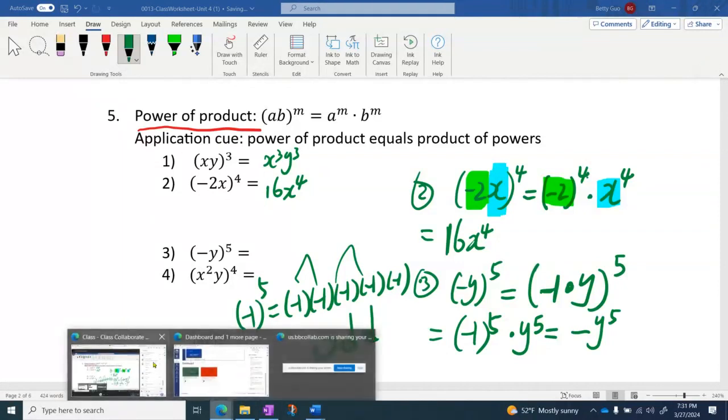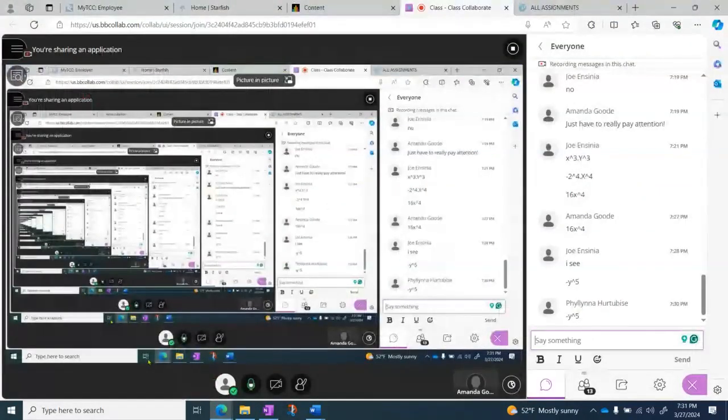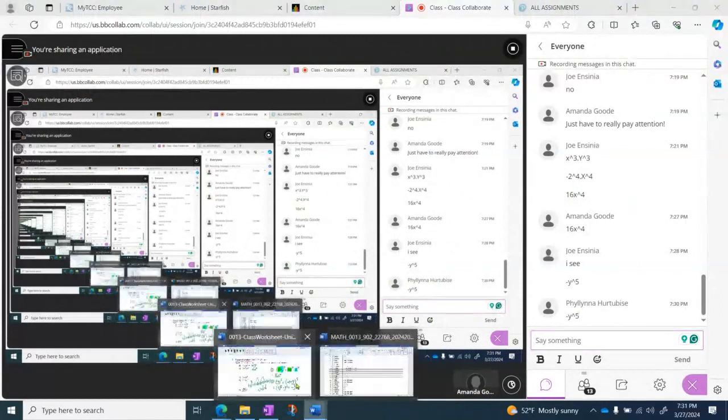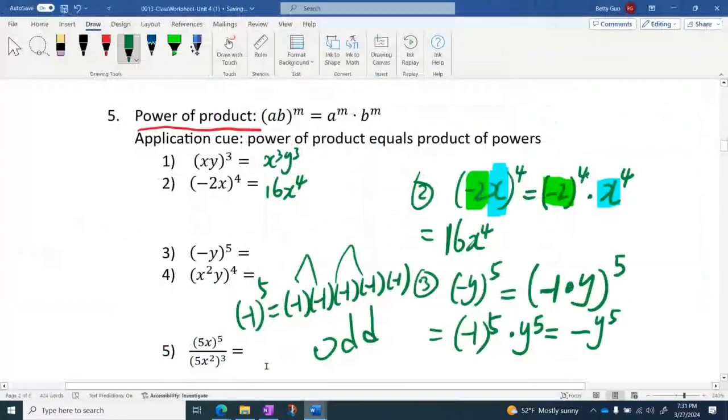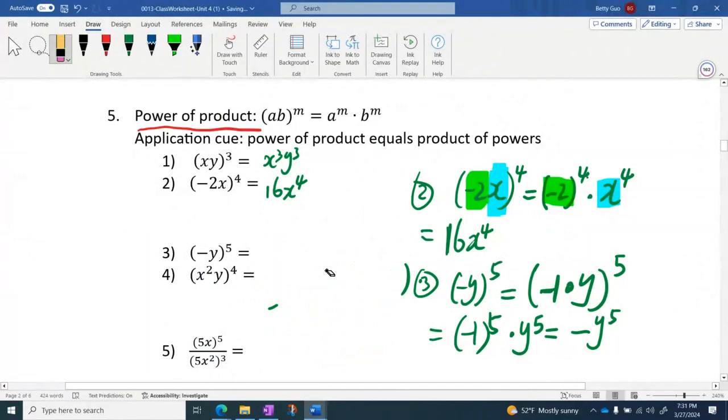Right? Negative, yeah, exactly. Thank you, Felina. Perfect. Try number 4, and tell me the result.